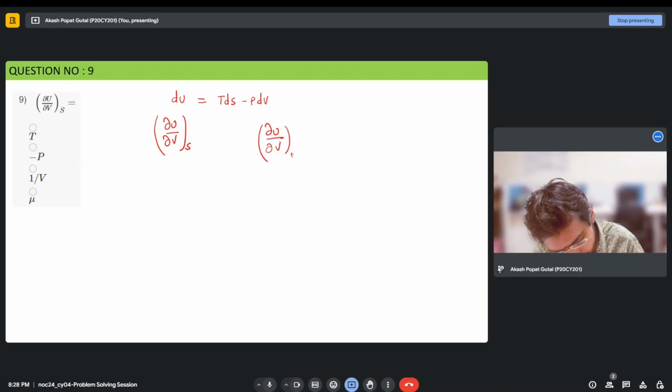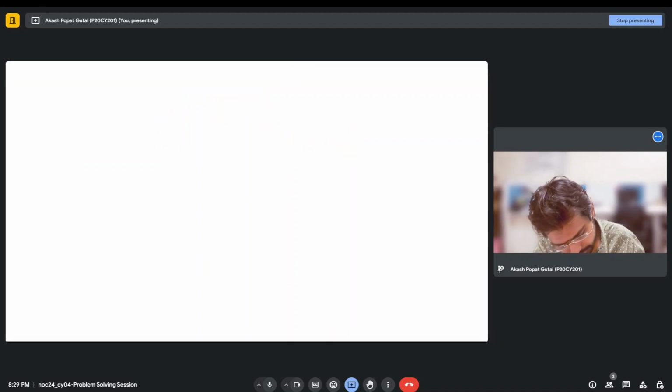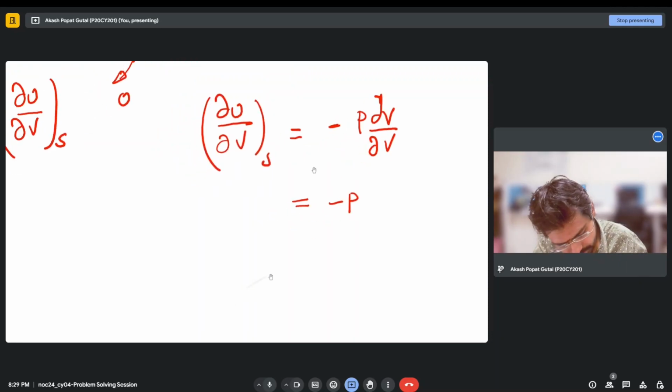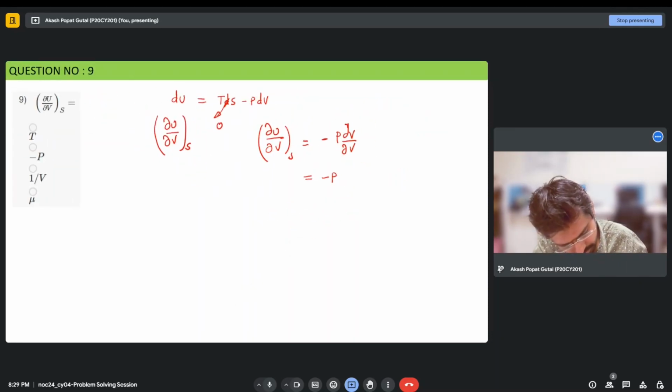Entropy is constant, so the TdS term will be 0, and minus P del V by del V is 1. So it's minus P. So the answer should be minus P, option number 2.